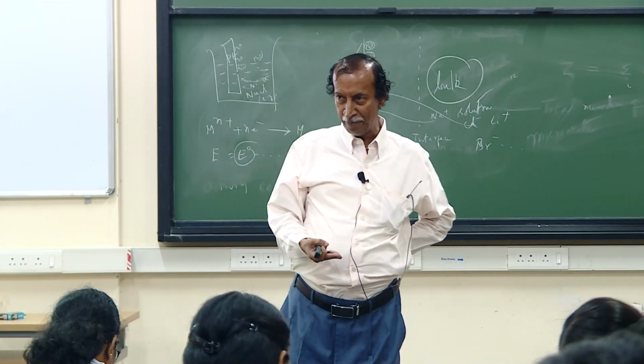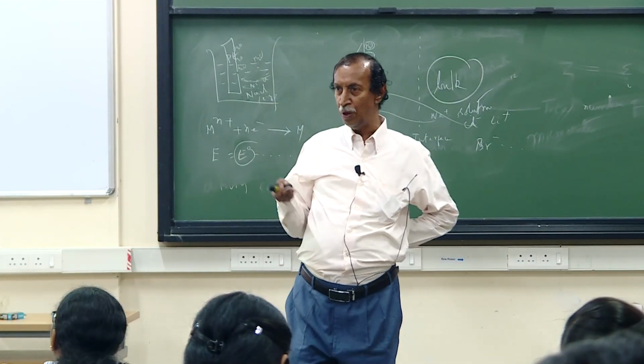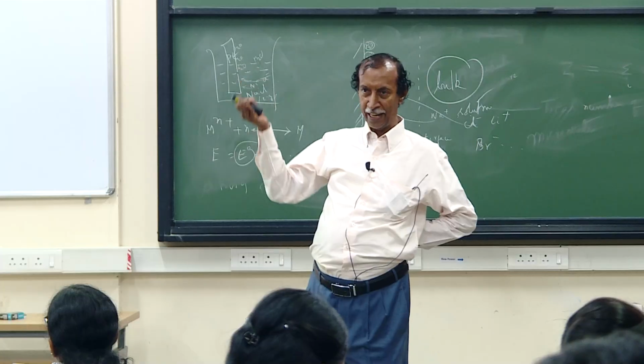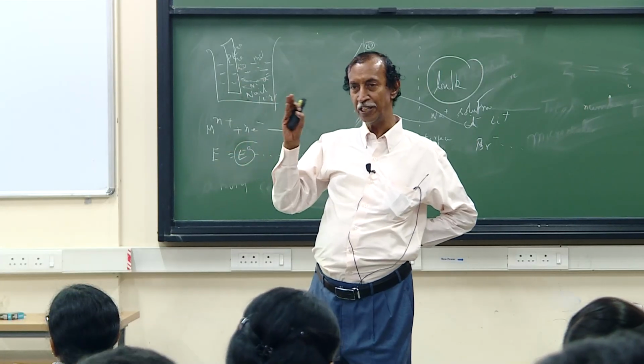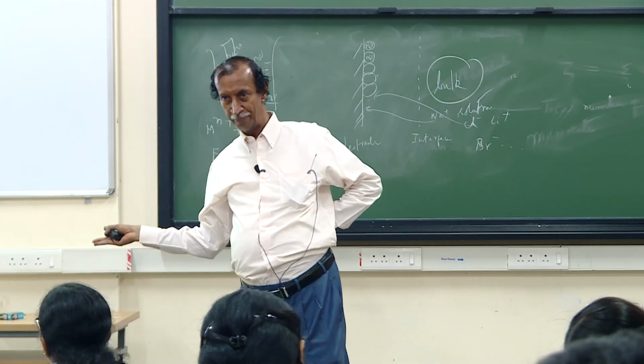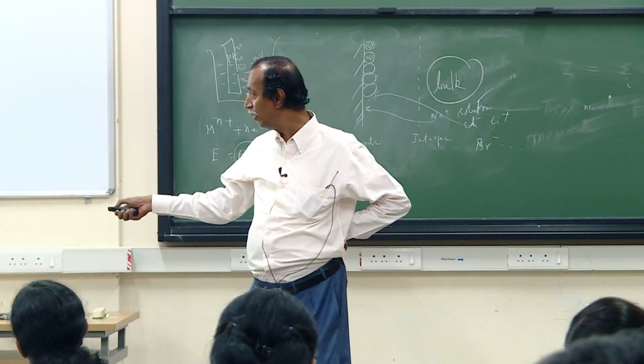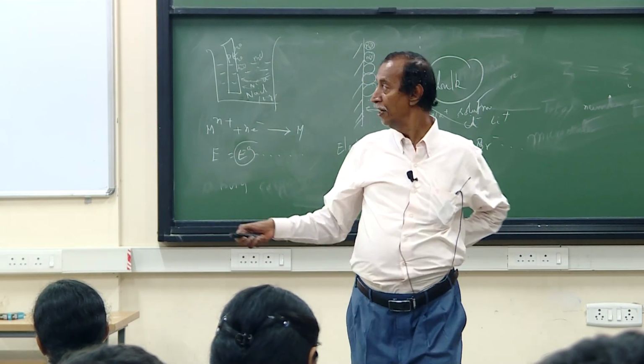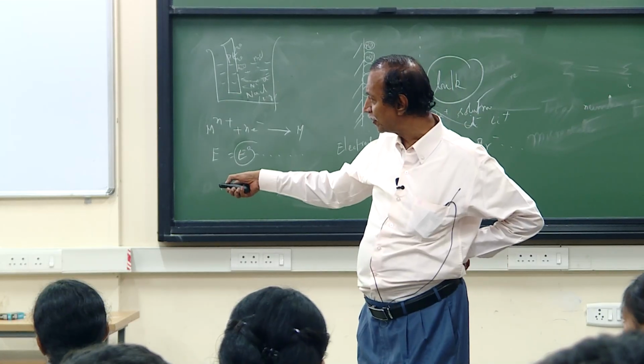For that you should know, if I apply 1.3 volt or 1.5 volt, what will be the current? It becomes what is known as the current efficiency. That is solely due to Tafel. That's why the only name we should never forget is Tafel.